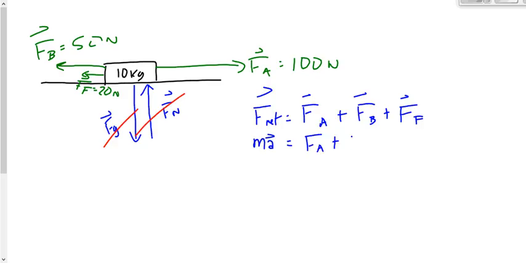FA plus FB plus FF. Now, I don't want to solve this question entirely here, but of course, I'd plug in my value of mass here, 10 kilograms. What would FA be? 100 newtons. What would FB be? Negative 50 newtons because it's to the left. And what would FF be? Negative 20 newtons. And then plug in all those numbers. Make sure you include the signs and then solve for the acceleration.